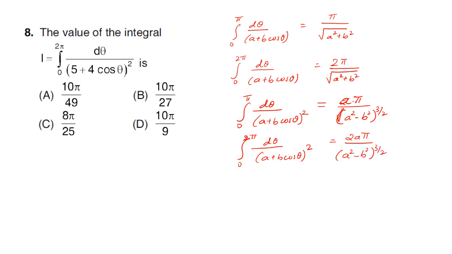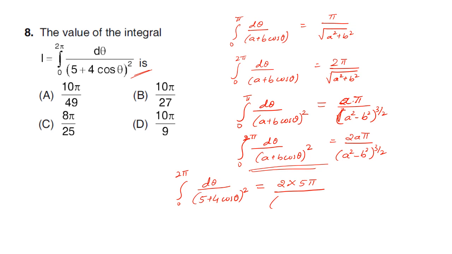So the question is in this form. Therefore, integral 0 to 2π dθ divided by (5 plus 4 cos θ) whole square is equal to 2 into a, here a is 5, divided by a square, 5 square is 25, minus b square, 4 square, raised to 3 by 2.